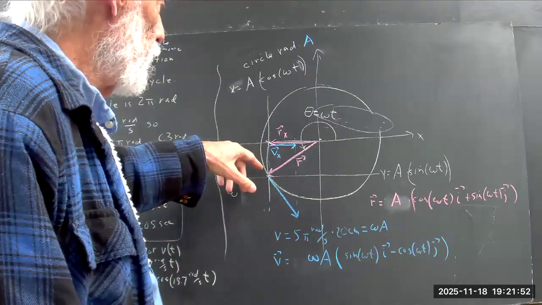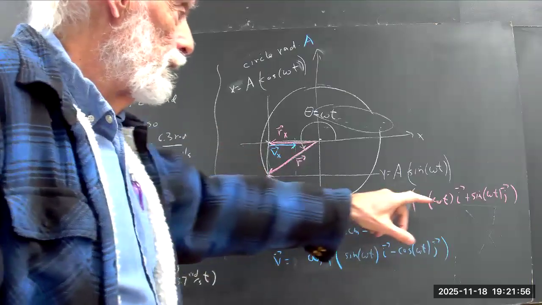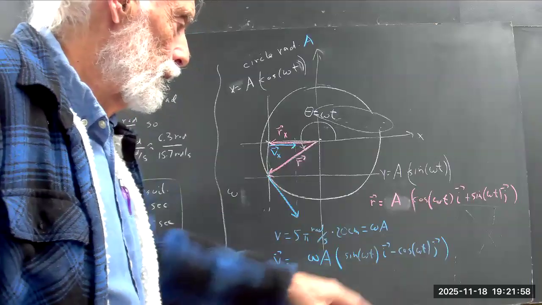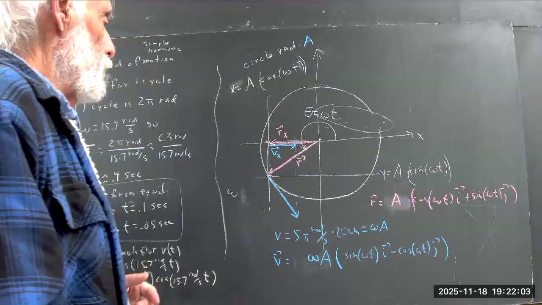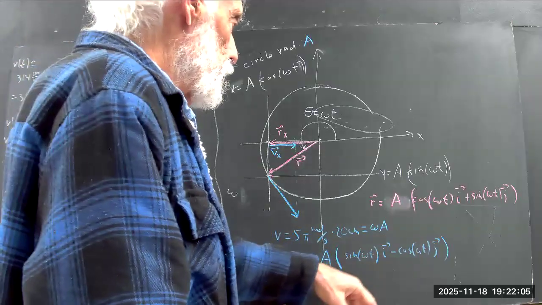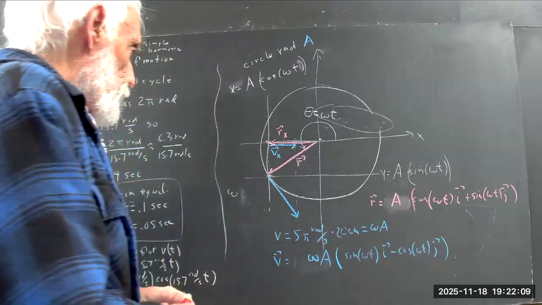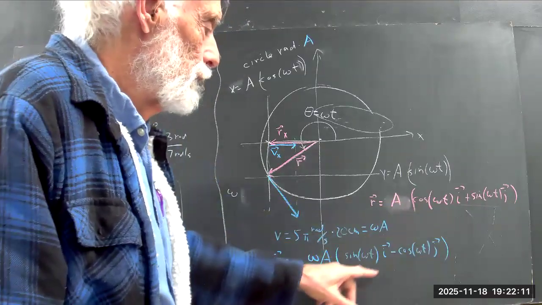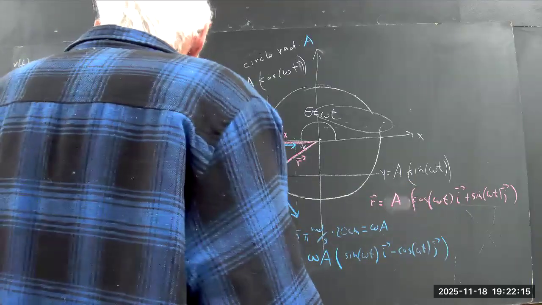I basically rotated the R vector 90 degrees this way to get the V vector. To get the direction of the V vector, the unit vector goes from this to this. Derivative does the same thing, and it's worth understanding that connection.